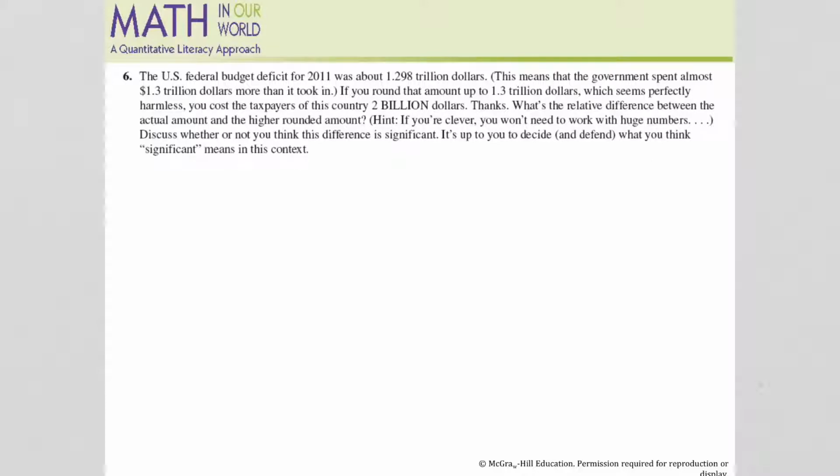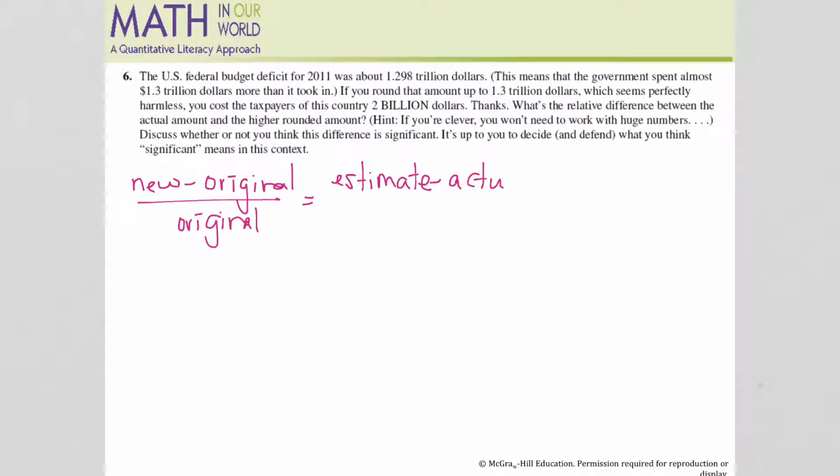What's the relative difference between the actual number and the higher rounded amount? Okay, so we're going back to this new minus original over original. But in this case, we're taking the estimate, because that was our new amount, minus the actual, because that was the original amount, over the actual.